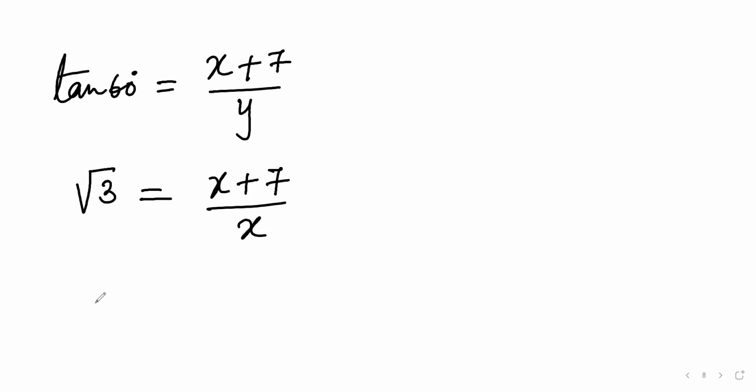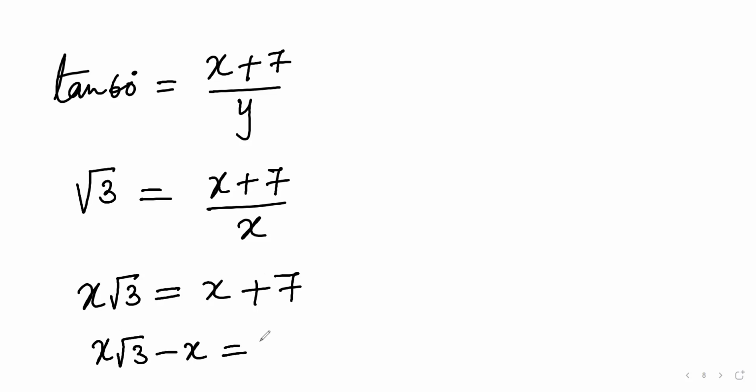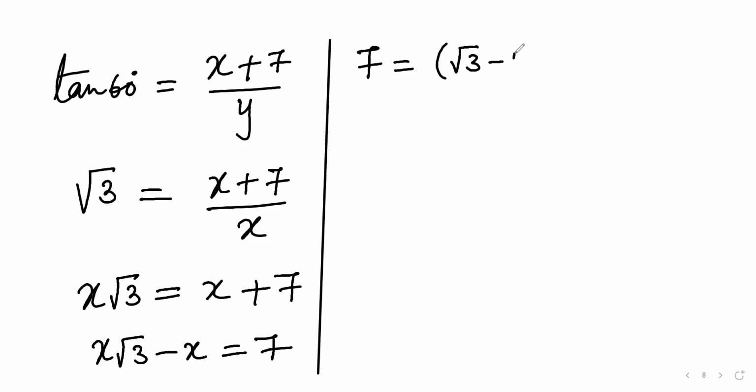So then I will cross multiply here. x into root 3 equals x plus 7. So now x root 3 minus x equals 7. Now here we can take x common out. So 7 equals x times (root 3 minus 1).